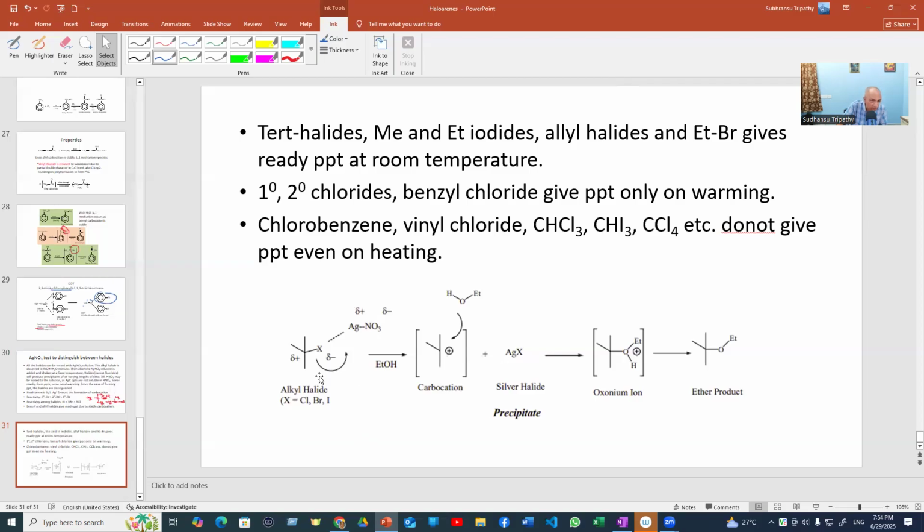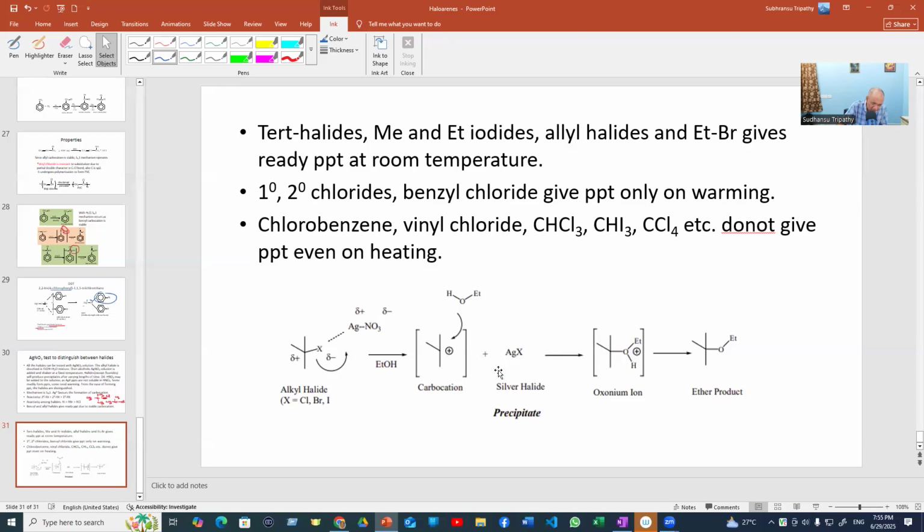So the mechanism is very simple. Any halide, silver plus and NO3 minus, the silver will act as an electrophile to facilitate the heterolytic cleavage. Silver ion is the catalyst to facilitate the C-X bond breaking to form a carbocation, maybe stable or more stable. Then if there is ethanolic silver nitrate, ethanol will act as the nucleophile, but X minus is gone and has added with silver ion to form the silver halide precipitate.